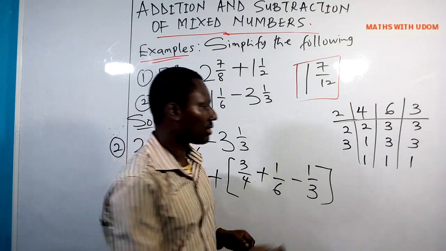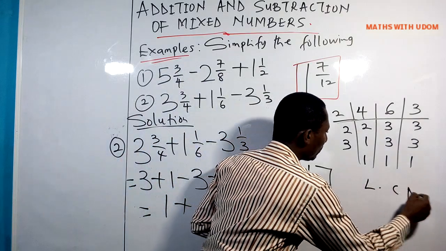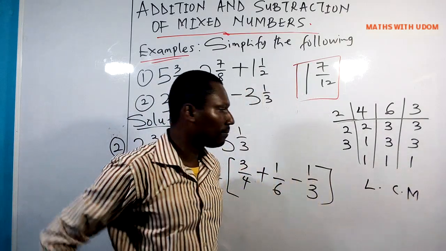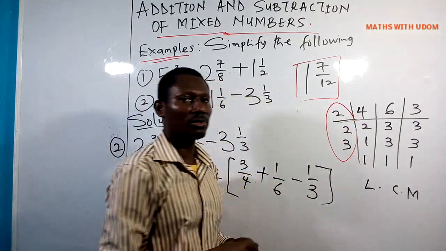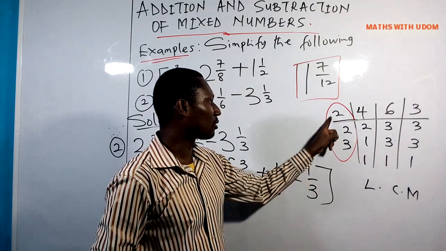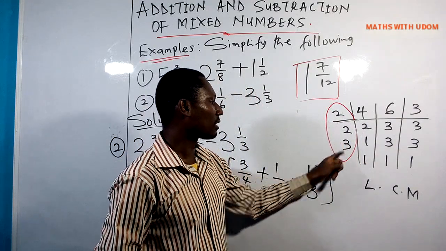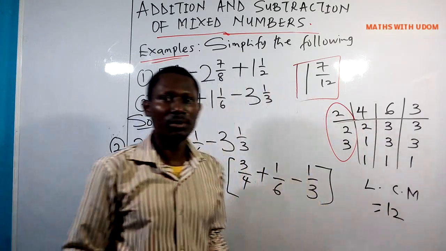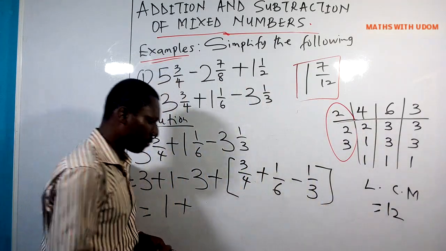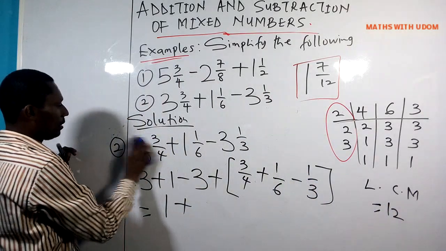So what will be our LCM? Our LCM will be the numbers outside. That is 2 times 2 times 3. 2 times 2 is 4. 4 times 3 is 12. So our LCM is 12. So what do we do with the LCM? Then we come here and proceed.